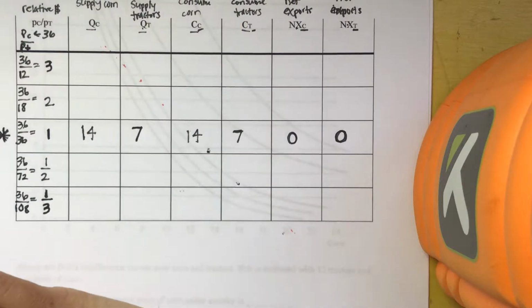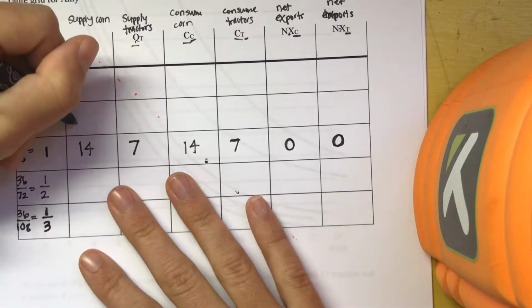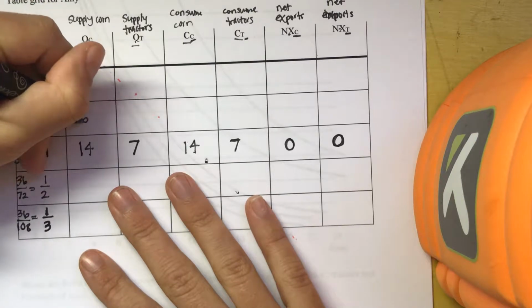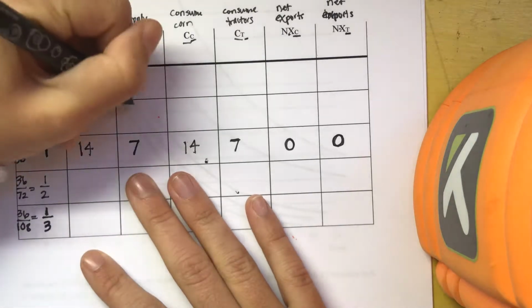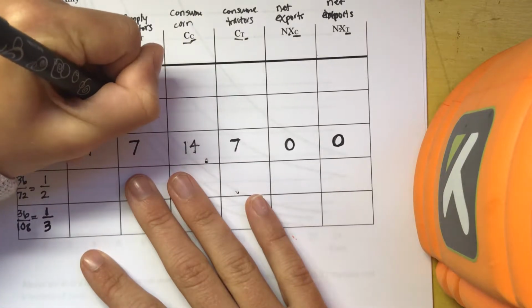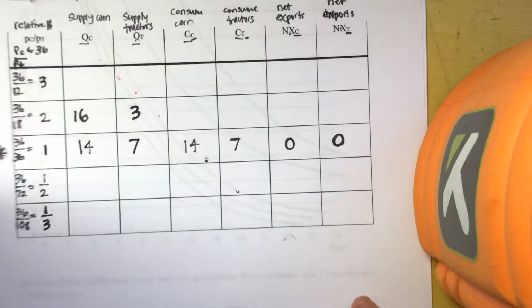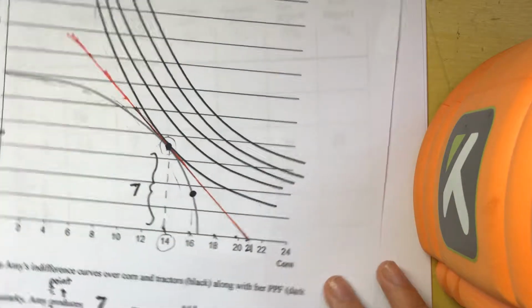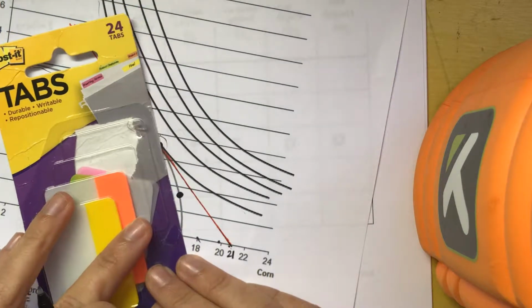So I'm going to come back here and write 16 for corn and 3 for tractors. Okay, but we're not done yet. So my slope, now I'm going to graph it.